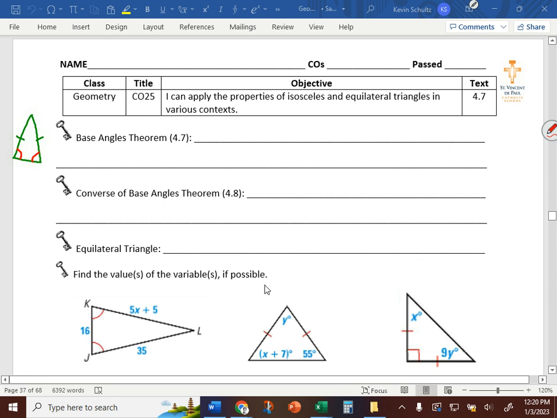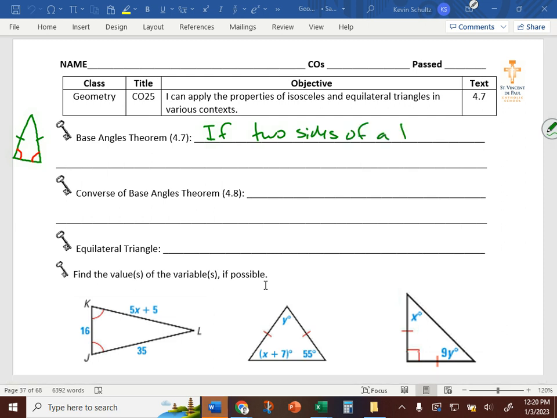When you have an isosceles triangle, the base angles theorem says that if two sides of a triangle are congruent, essentially meaning that you have an isosceles triangle, but you're given the information the two sides are congruent, then the base angles are congruent. Okay?